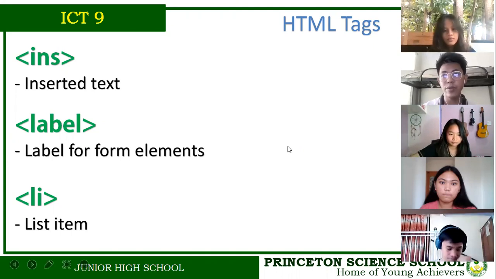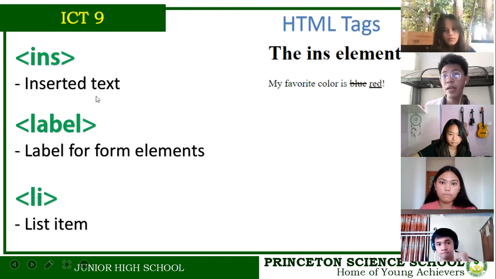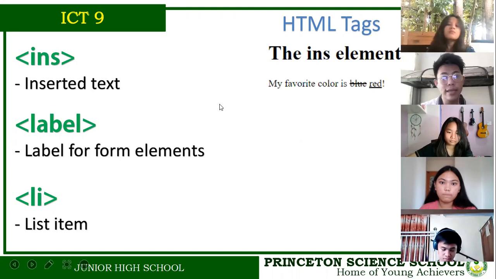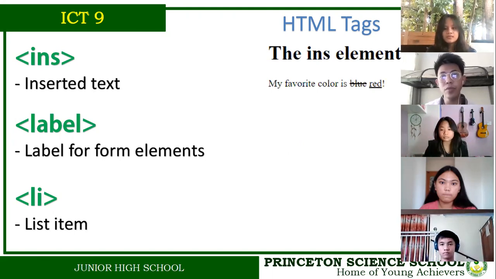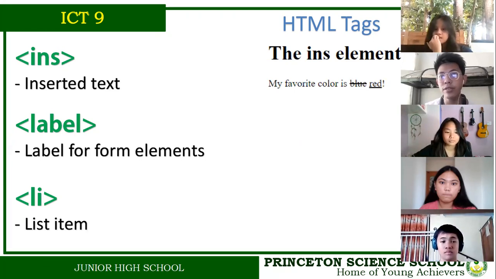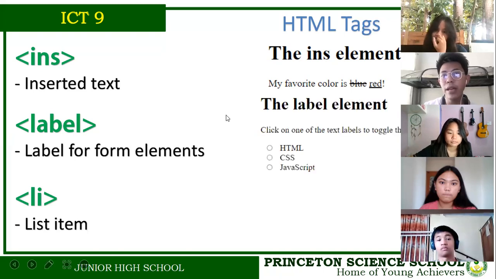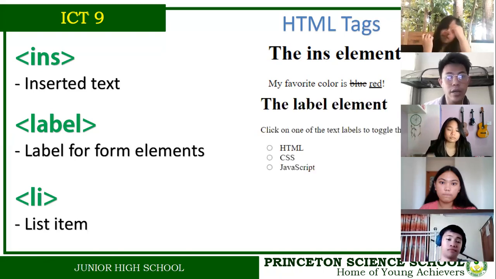Let's refresh this one. This was the insert text tag or INS tag, which inserts another or additional text to the original paragraph or sentence. Okay, and it makes the text have an underline. Next we have the label, which includes the text in the selection of a radio button.